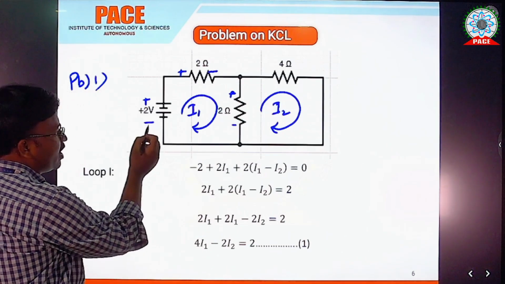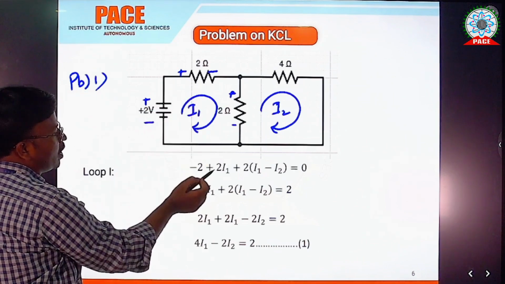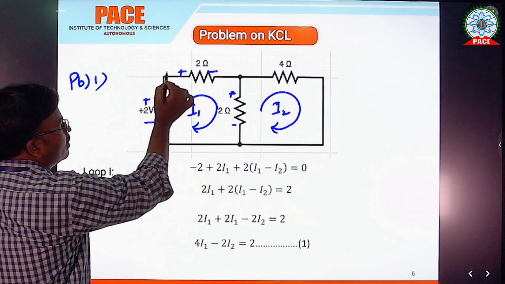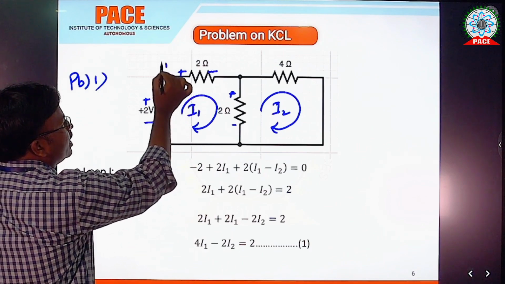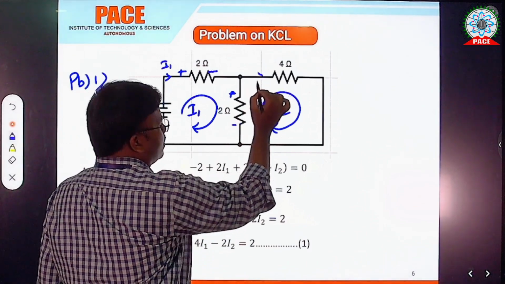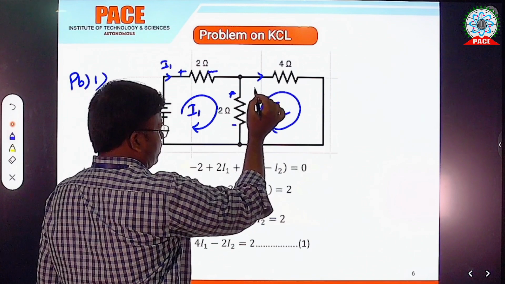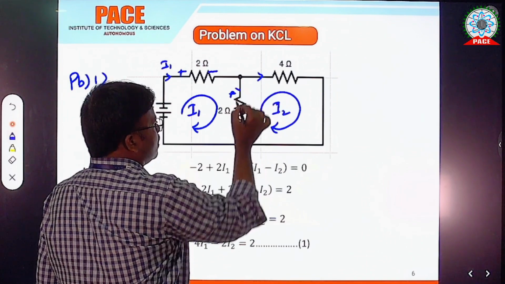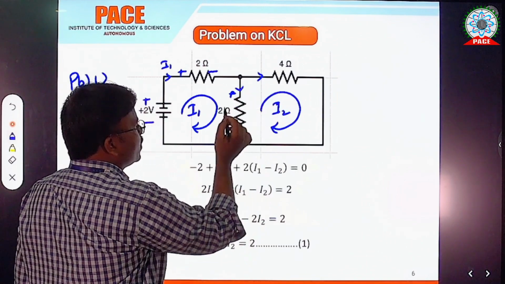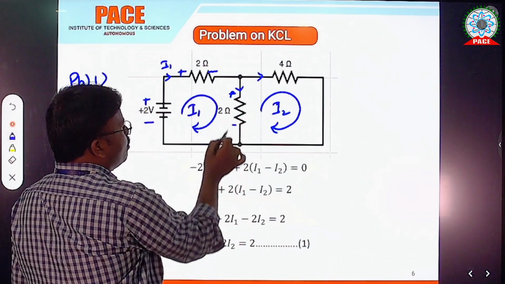Minus 2 volts, 2 into the current entering, which I assume is I1, so 2I1, plus 2 into (I1 minus I2).